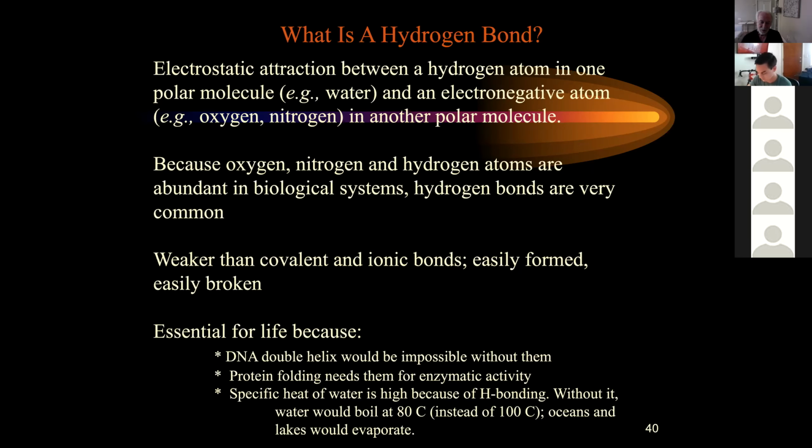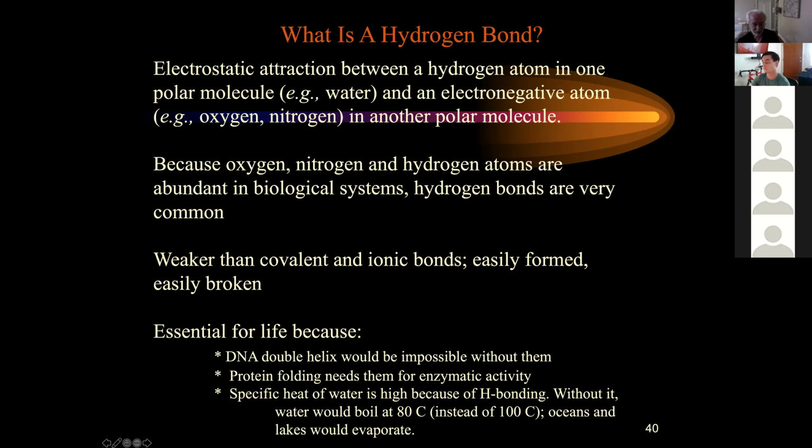And that is a very important feature of hydrogen bonds because, for example, the DNA double helix, which we'll talk about next, would be impossible without hydrogen bonds. Protein folding, and proteins have to be folded properly in order to have activity, require hydrogen bonding.